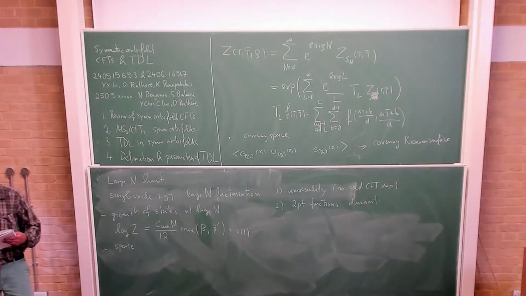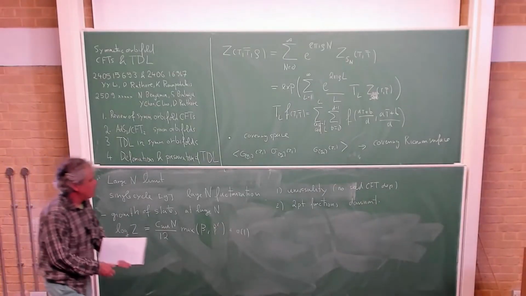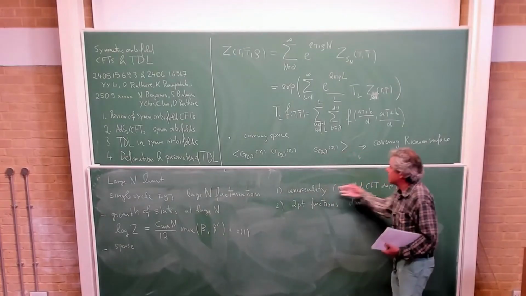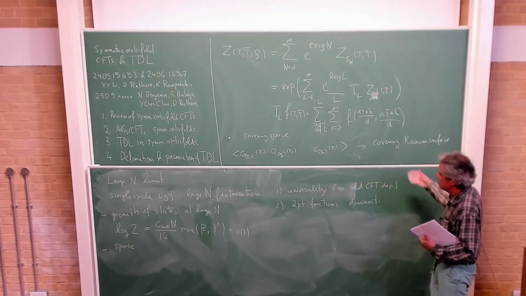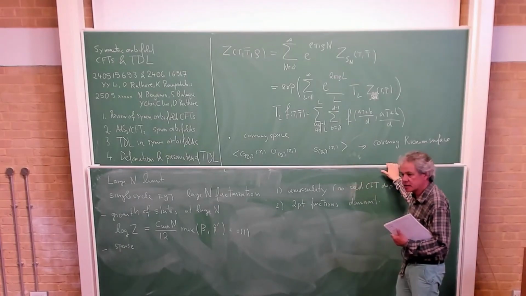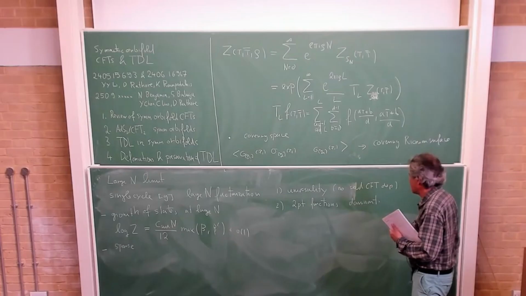Can you repeat the universality? What doesn't depend on the seed CFT? Well, the form of the correlation functions in the large n limit. By form you mean just the functional dependence, like the actual function? Right. Okay. What if I start with a two-dimensional topological field theory as my seed?